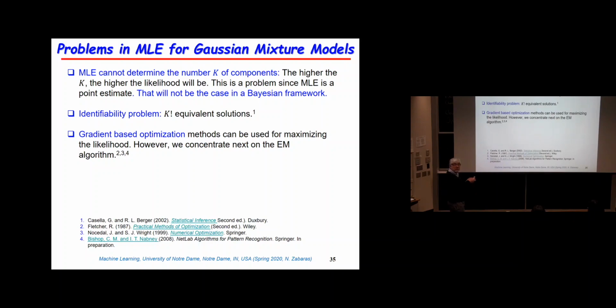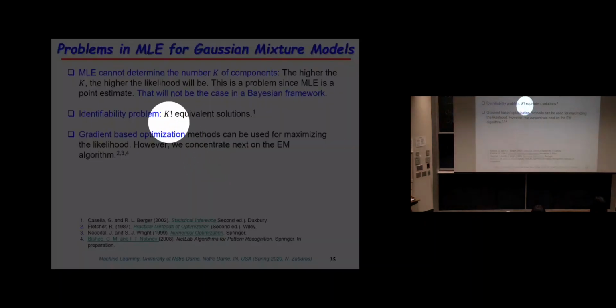There is an issue of identifying which is what here. The identification of these 3 Gaussians is not unique. You can actually come up with k factorial equivalent solutions.